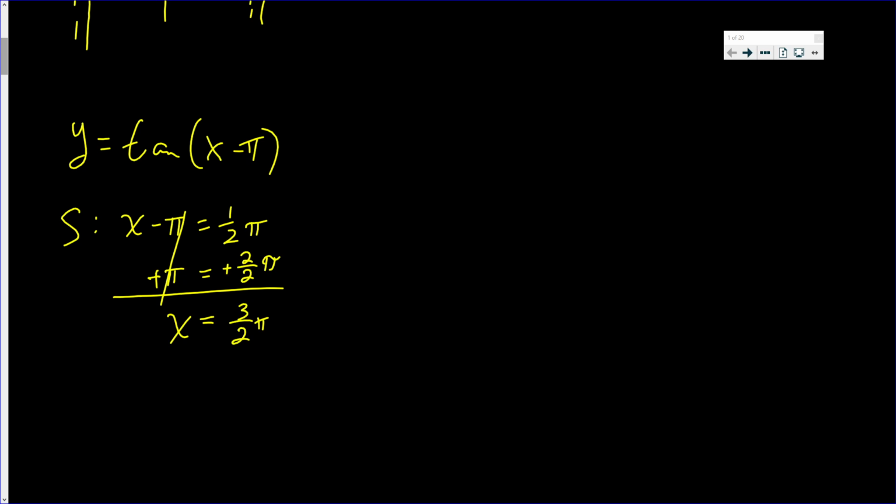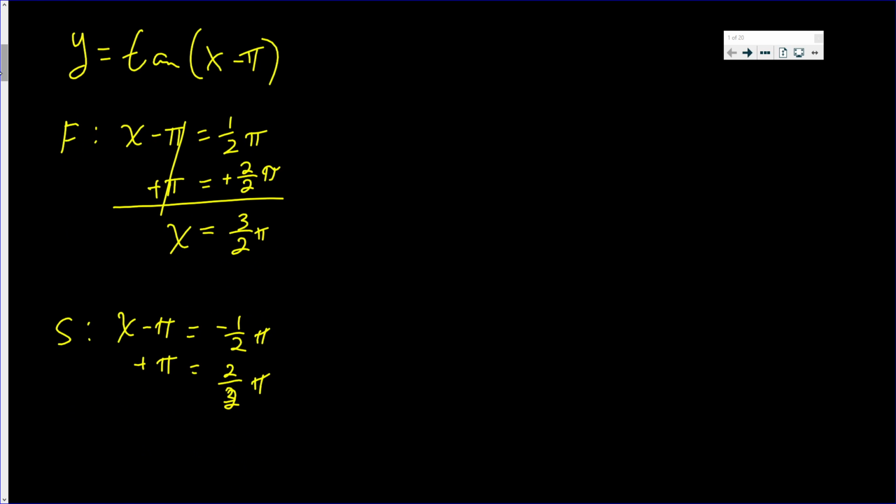Excuse me, I apologize. It starts when the angle is negative a half pi. So you add 2 over 2 pi, and you get that x is equal to a half pi.